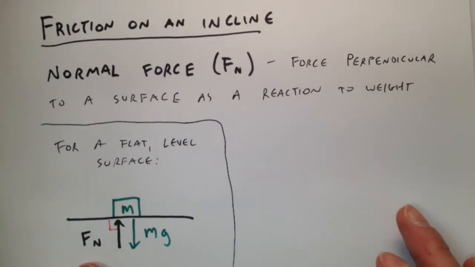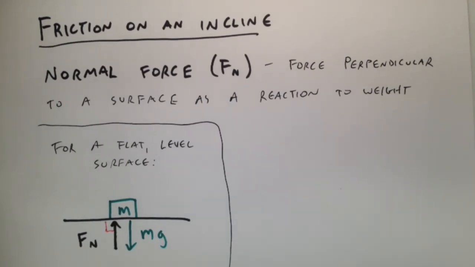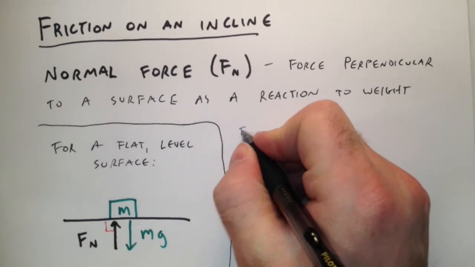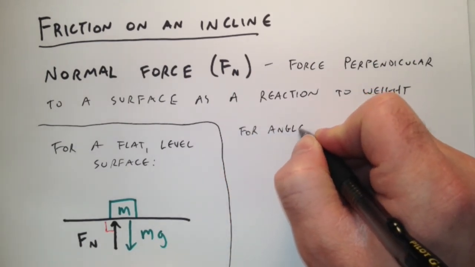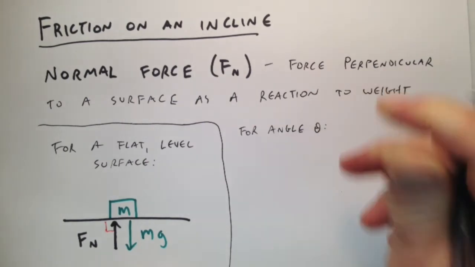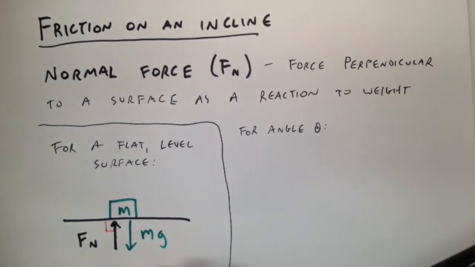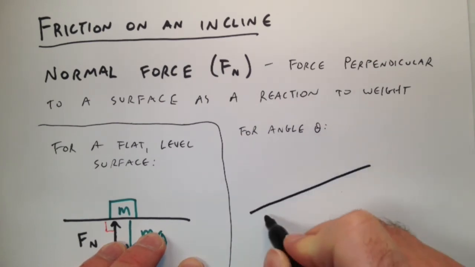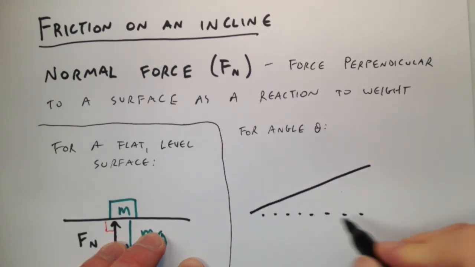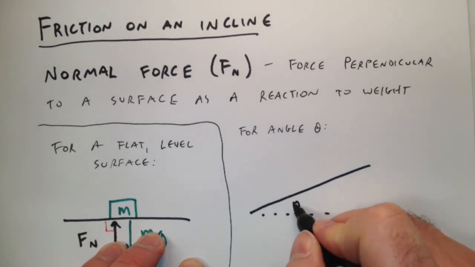Here is how we need to do it on an incline. So, for an incline at an angle theta. Here's the incline. That's the horizontal, so you have something to compare the incline to.